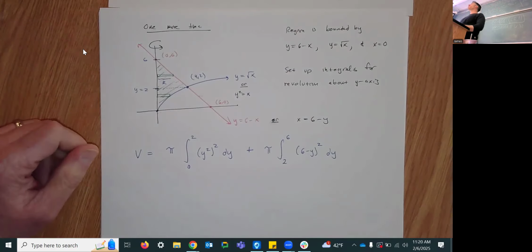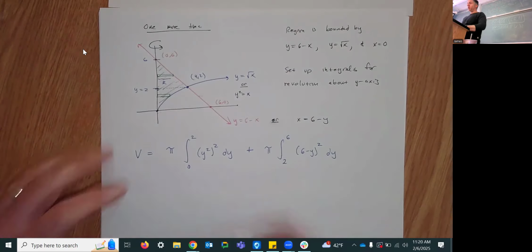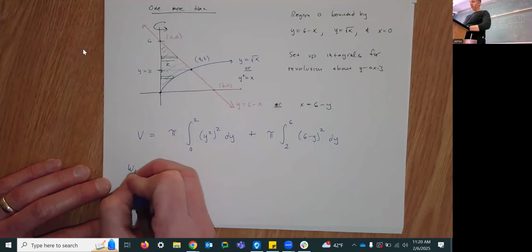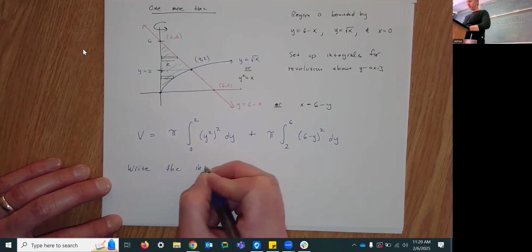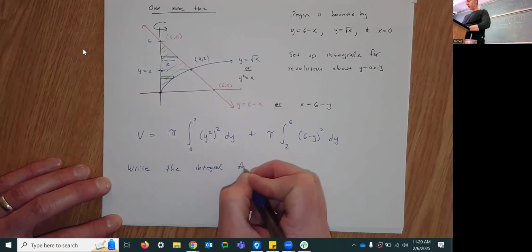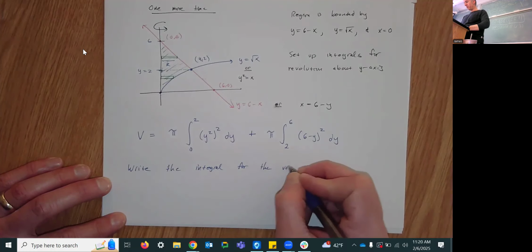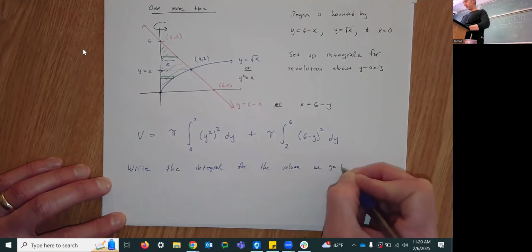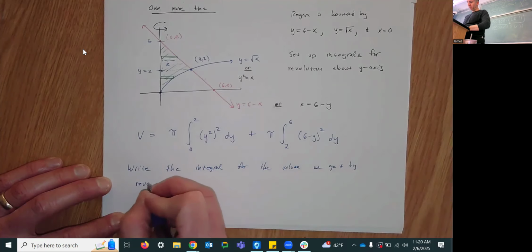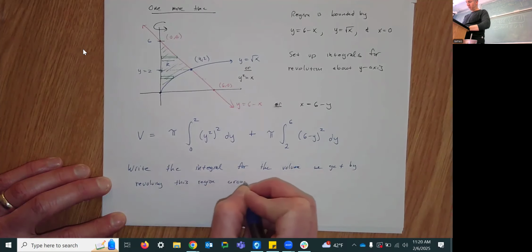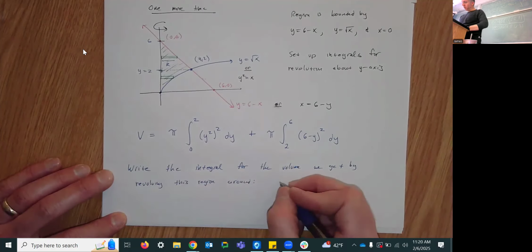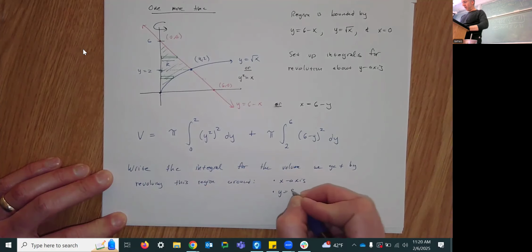Certainly, I think it would be a good idea for all of you on your own, when you have a moment, to write the single integral for the volume we get by revolving this region around, take your pick, the x-axis, the line y equals 9, or the line y equals -2.